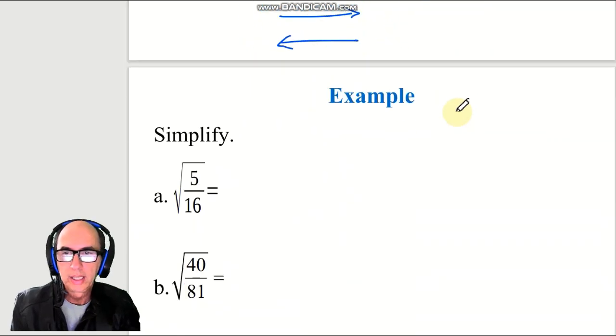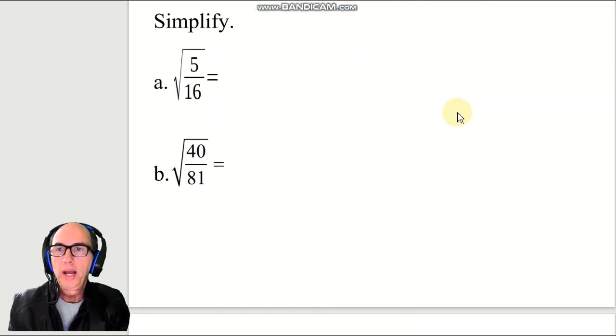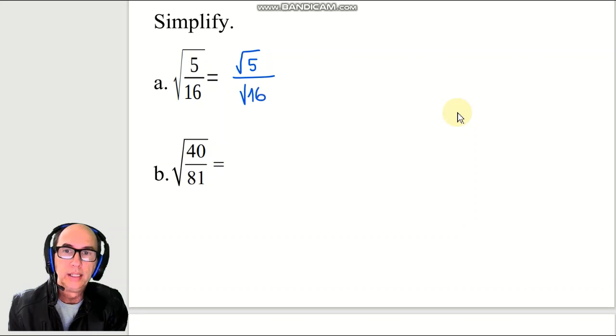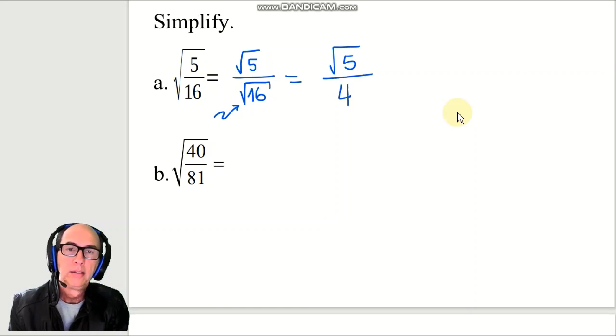We will see case by case. Look, we have all under the same square root. We can split, we can break down: square root of 5 over square root of 16. This is helpful because we know the square root of 16, right? We don't know the square root of 5, so keep the square root of 5 over the square root of 16, which is 4. That's the answer. That's a simpler version of this expression.